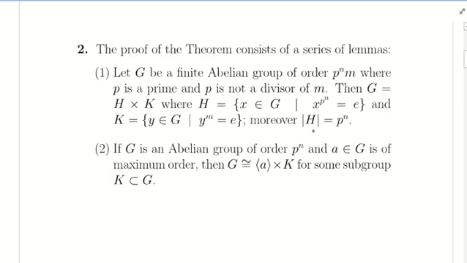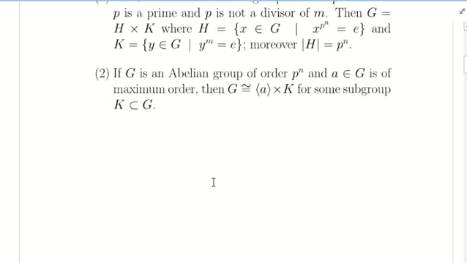Moreover, we're going to show that the subgroup X of all the elements with orders that are p to the whatever is actually equal to the factor of the prime factorization that collects all the primes p.